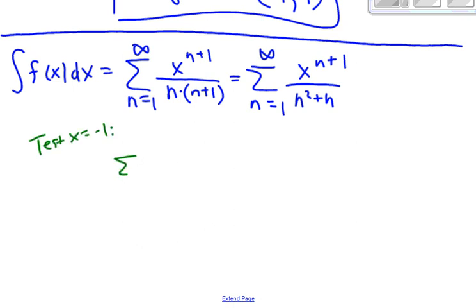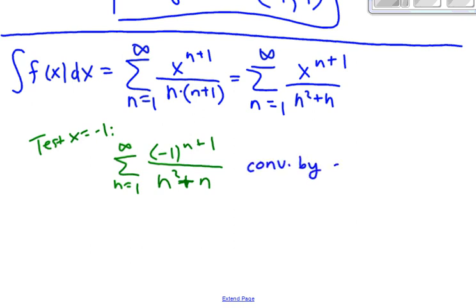For -1, we would have -1 to the n plus 1 over n squared plus n. This is alternating, and if you notice the denominator, it looks like a p-series. To actually test the convergence or divergence of this, you would use a comparison series. So this converges by comparison to 1 over n squared, which is the convergent p-series.